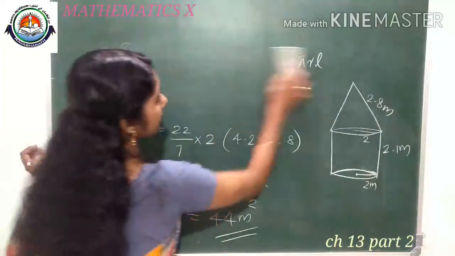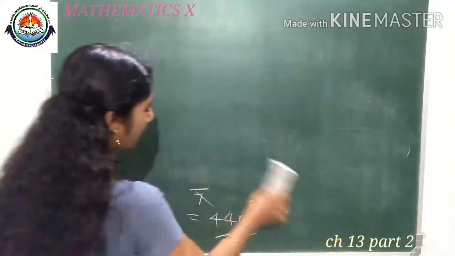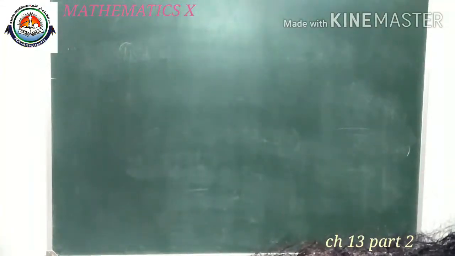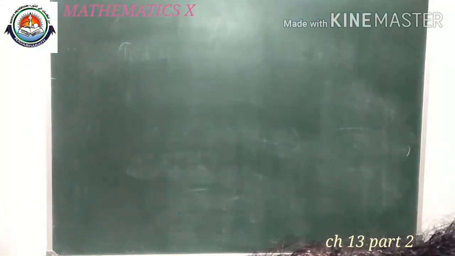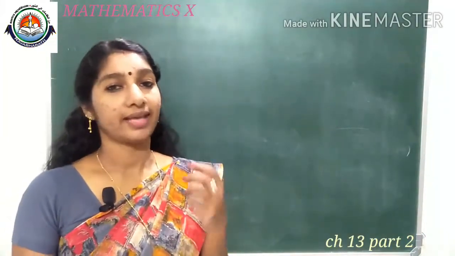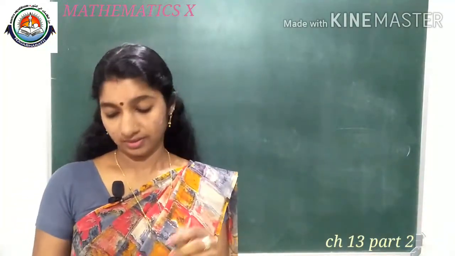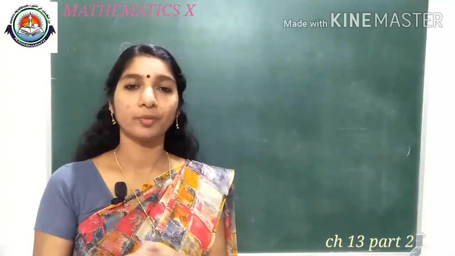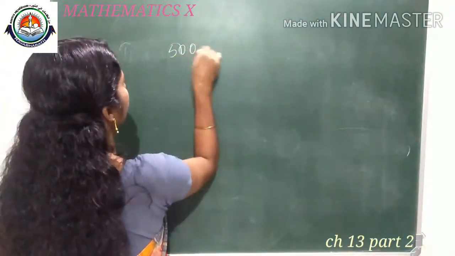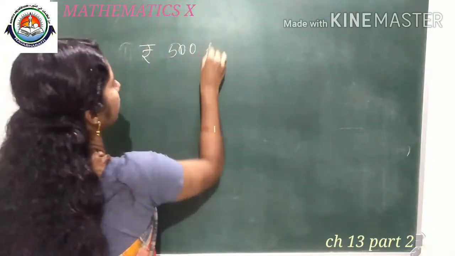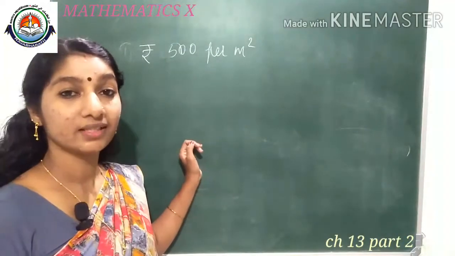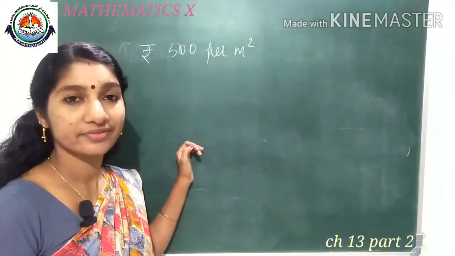Then one more question is about the cost of the canvas used for making this tent. It is given 500 rupees per meter square, and we got here 44 meter square is the total surface area.